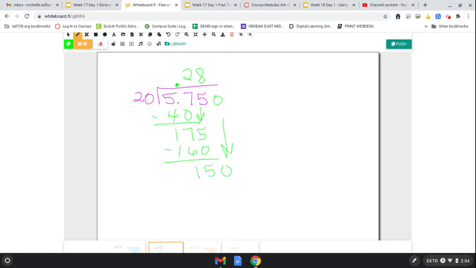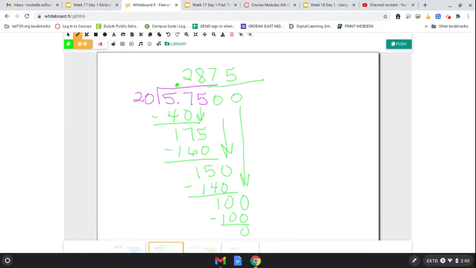20 can go into 150 7 times, which is 140. You get 10 left over when you subtract 140 from 150. We are still not done, so we need to add another 0, which gives us 100. We know that 20 can go into 100 5 times, and 5 times 20 is 100.